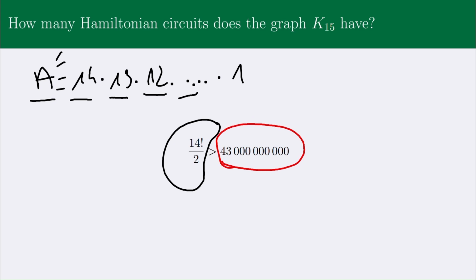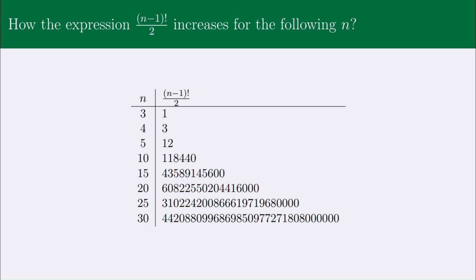So imagine how many cases we would need to analyze to answer the question of how to appropriately plan the road for this merchant. So this is a very big number. And here is the table where I've presented how this expression increases for the following n. And as you can see, for small n, it looks quite nice.